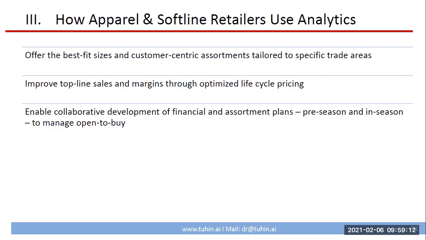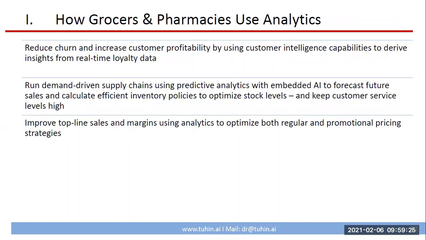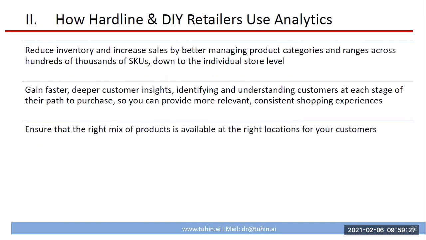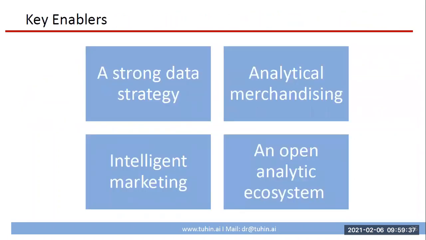So it's very important that your model should capture the reality, because the variables that you will incorporate for an apparel store will be very different from the variables that you are going to use for the grocery or pharmaceutical. So please ensure that you really understand the business, and then your model should reflect the realities, the variables that are the most critical for the retail sector for whom you are using the model.